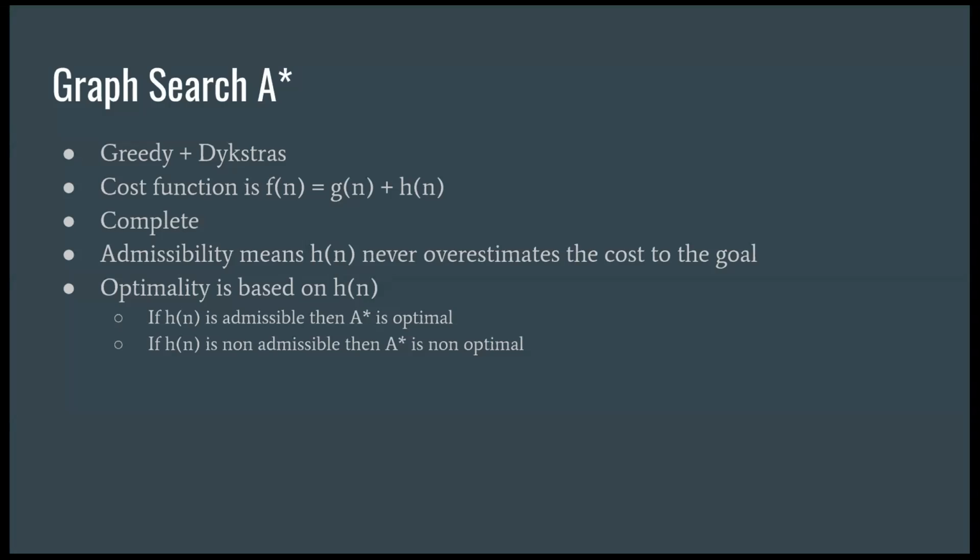If h of n is not admissible, or it does overestimate the distance from your current node to the goal, then A star is non-optimal, right? And as you change what that value of h of n is, you can replicate other behaviors. So if you set h of n to 0, then you have Dijkstra's algorithm. And if h of n is way overestimating the cost of the goal, then you have greedy breadth first search.